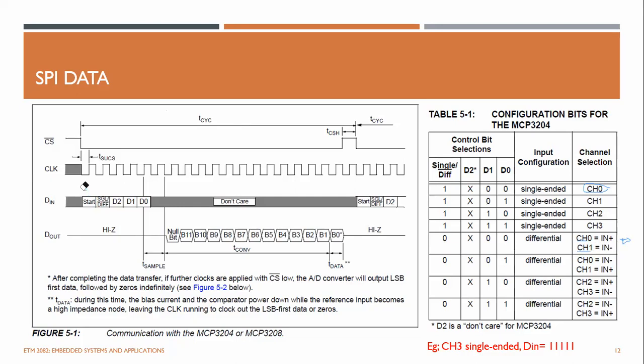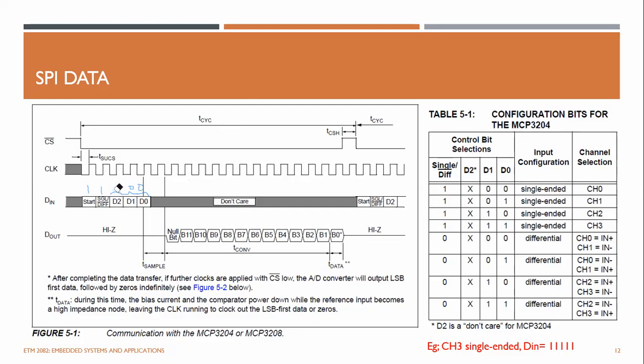But the most common way is selecting the single conversion, which means you just select one single channel. So this is one, and if you use a single conversion, this should be one, and then you have to tell which channel you want to do the ADC conversion on. If it is channel 0, then D1 and D0 should be 0, and D2 is don't care. You can put either 1 or 0, it doesn't matter, right?